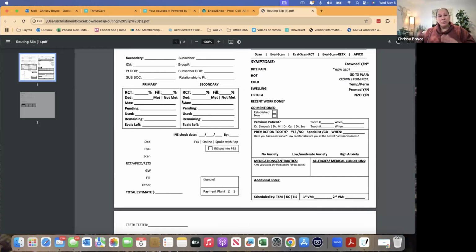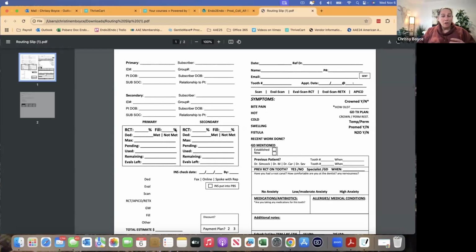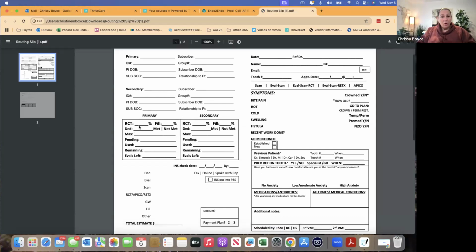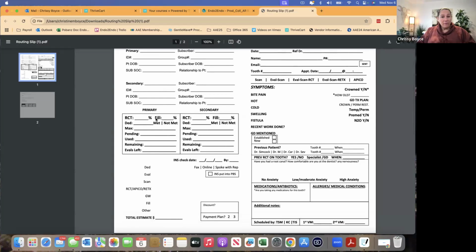Now, if they're scheduled for tomorrow, you're going to contact the insurance company. However you do that, whether you call or look it up online, you're going to write all the information in here. So what percentage of root canals they cover, what percentage of fillings they cover, what is their deductible? Has the deductible been met? You circle met or not met.